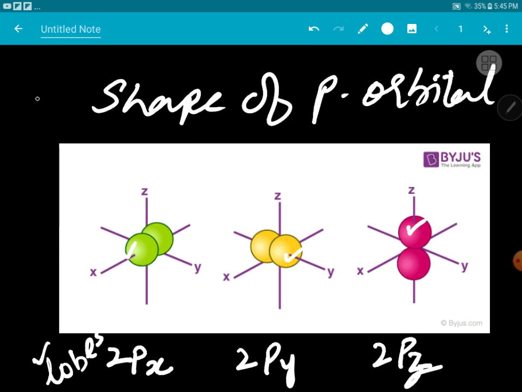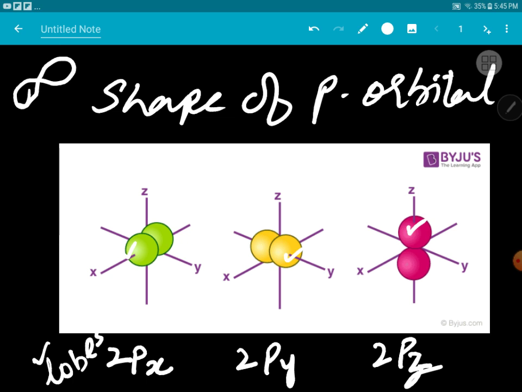The three p orbitals differ in the way the loops are oriented, whereas they are identical in terms of size, shape, and energy. As the loops lie on the x, y and z axes, the orbitals are designated as 2px, 2py, and 2pz.